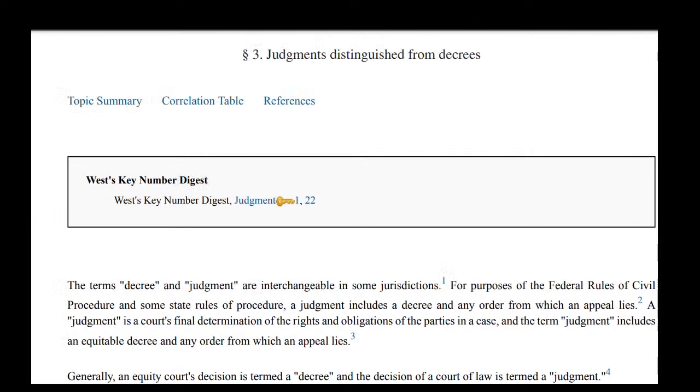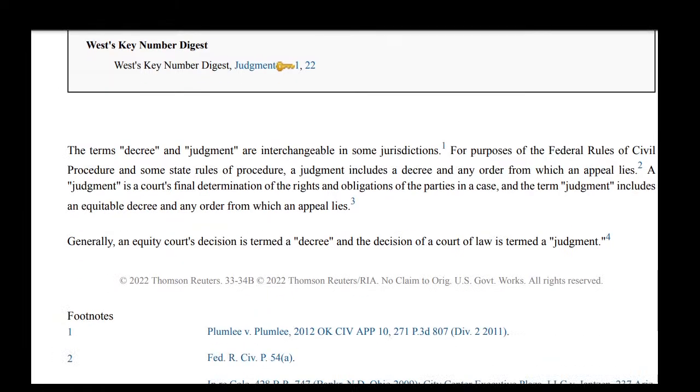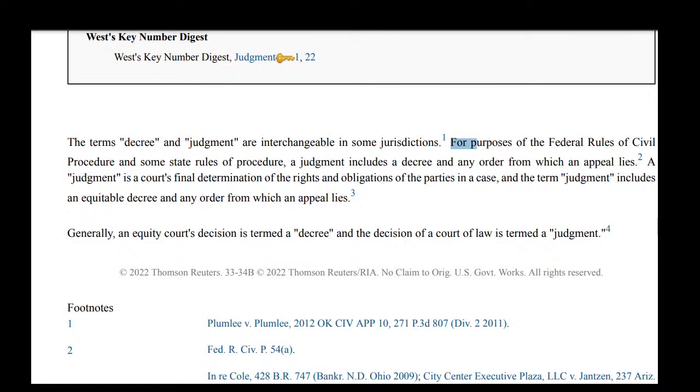So we're on to the judgments, distinguished from decrees. The terms decree and judgment are interchangeable in some jurisdictions. For purposes of the federal rules of civil procedure and some state rules of procedure, a judgment includes a decree and any order from which an appeal lies.